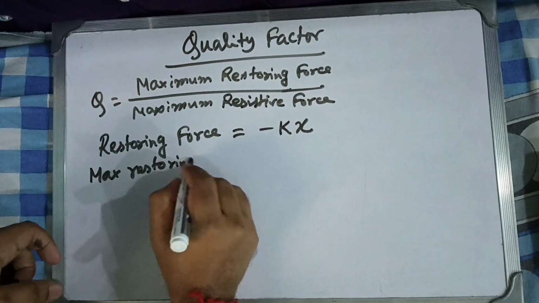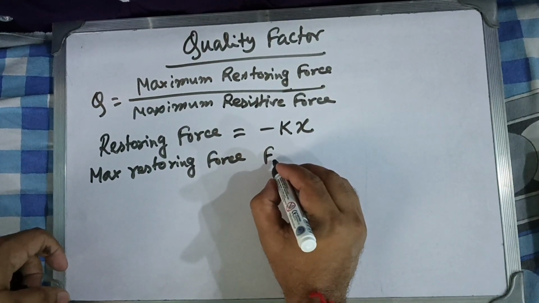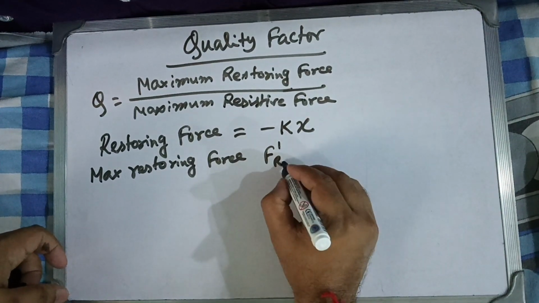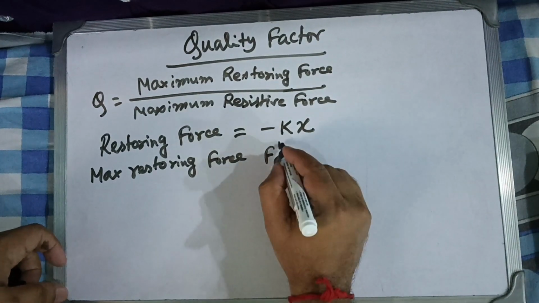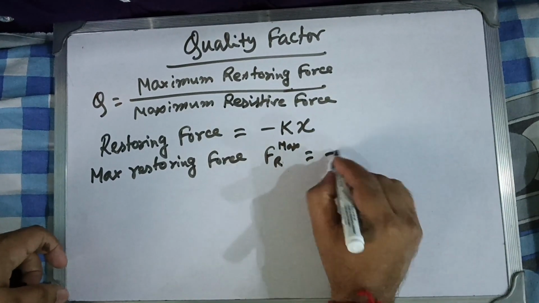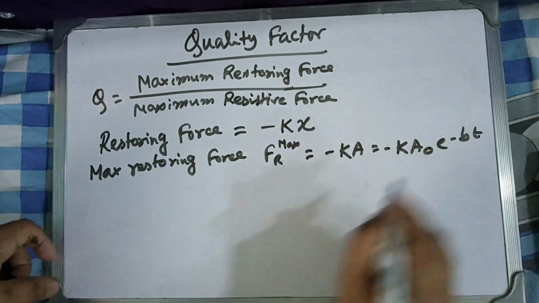Now in the underdamped case, the form, you know, a is a0 e to the power minus bt, right? So that we have to write here. Let me write that, then I will tell you what will be the form of the resistive force.